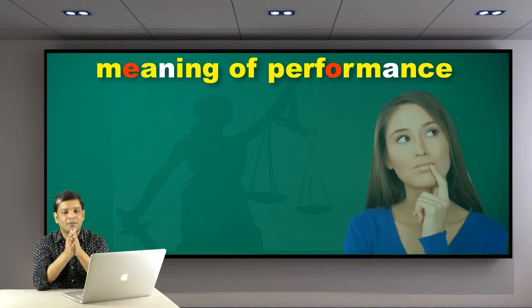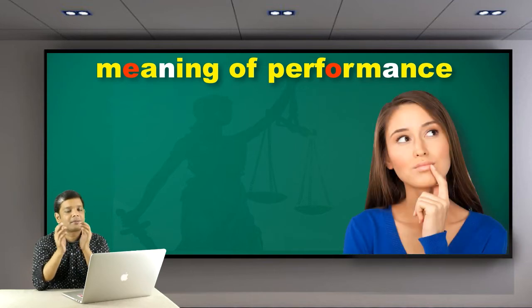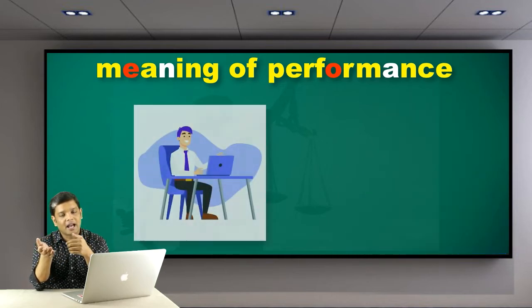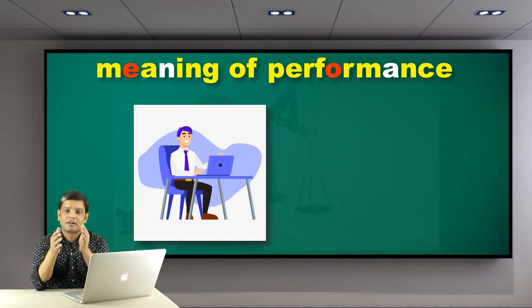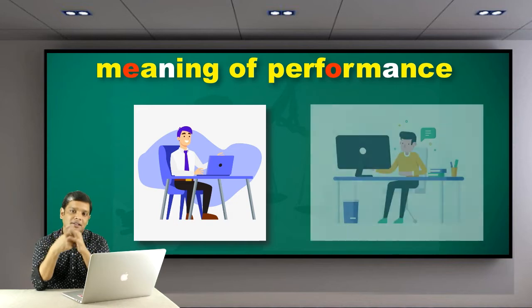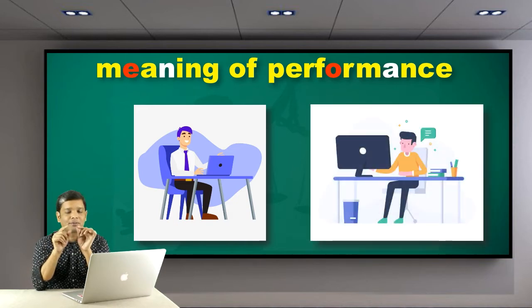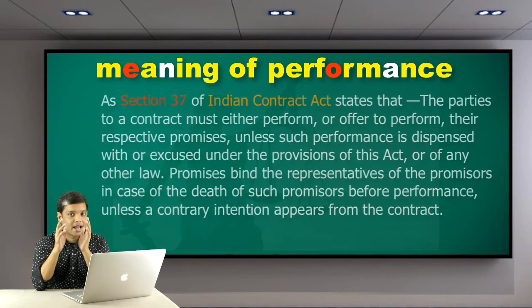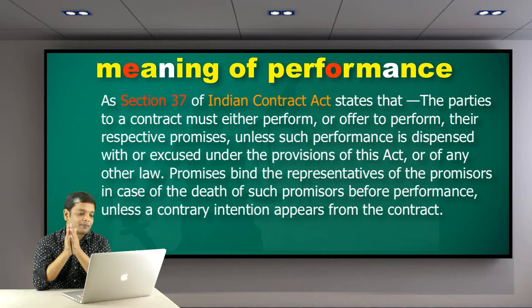What is the meaning of performance? Now I believe you must have the idea what is the meaning of performance. That is doing your part, and the second part is that the other parties of the contract will do their parts. So that is performance. Okay, so see what Section 37 of the Indian Contract Act says.